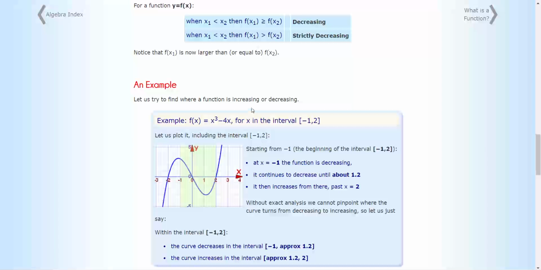Let's try to find where a function is increasing or decreasing. So we have the function x cubed minus 4x on the interval between minus 2 and 2. So we want to know for this interval, starting from the beginning of the interval, at x minus 1, the function is decreasing.